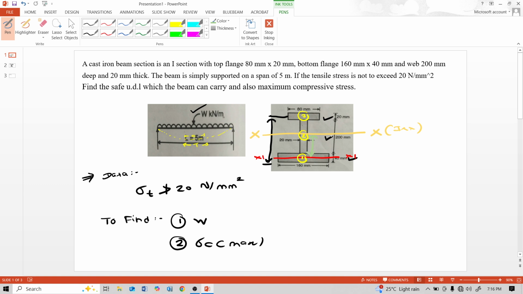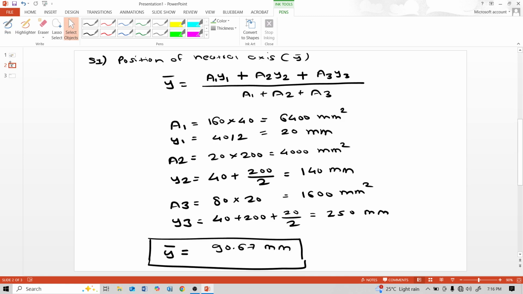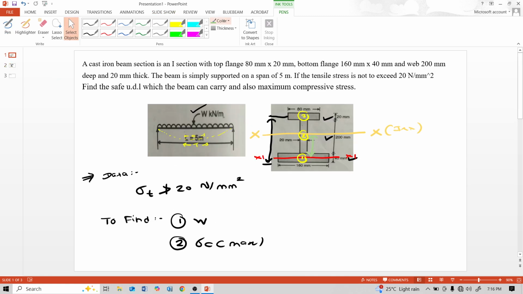This x axis is from the bottom, that means the position of the neutral axis is 90.67 mm. Here this distance is 90.67 mm, and this red line, the x1 distance, is 20 mm.